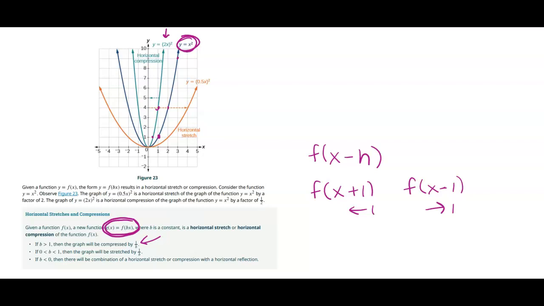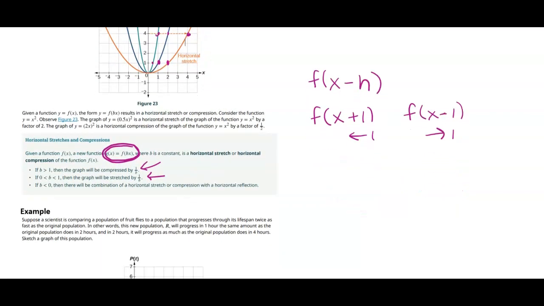And like 3 goes to 1.5. And then if you have a number between 0 and 1, in this case like 1/2 or 0.5, then that's going to make your function on the x's go twice as big, or the opposite of what you think would happen. And again, if your b is negative, then we're going to have a reflection, and we'll talk about that in another video.